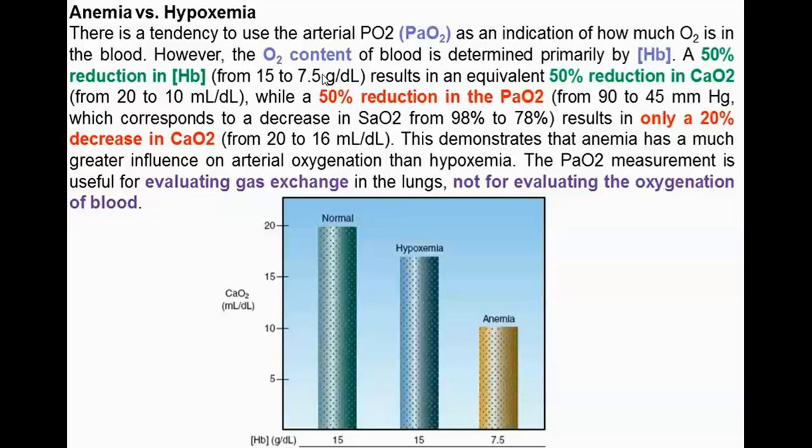So by numbers, if we reduce the hemoglobin from 15 for a normal person, this is the hemoglobin and this is the oxygen content. As we said, the oxygen content in the arterial blood is about how much? 20 milliliters, yes, and here the hemoglobin is 15.